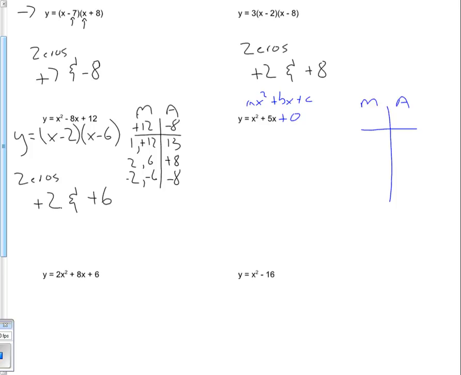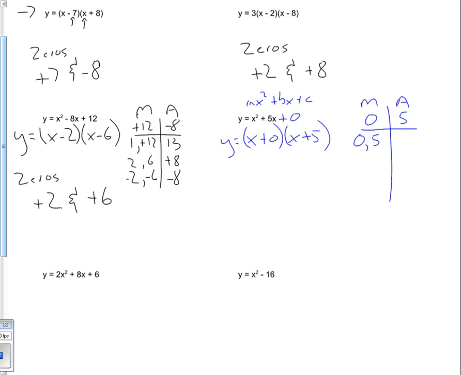So those two numbers have to multiply to 0, and they have to add to positive 5. And so when you have two numbers and they multiply to 0, one of those numbers has to be 0. And if they add to 5, the other has to be positive 5. So I'm going to say that this is actually equal to x plus 0 and x plus 5 for its factored form.